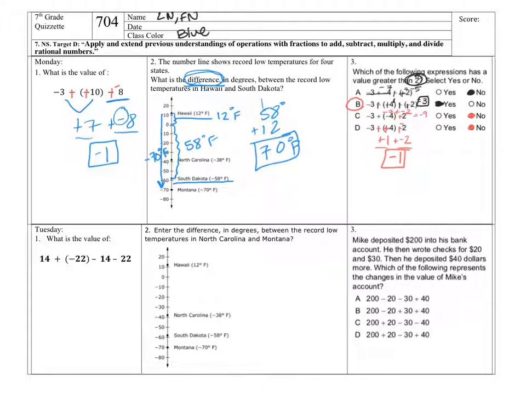I also want to point out something in the other days. On number 2, you're going to see the same graph, but they're asking you about different states. So make sure you're mindful of the states. It's the same numbers though for the graph. Then on the back page, if you have any questions, just please raise your hand.